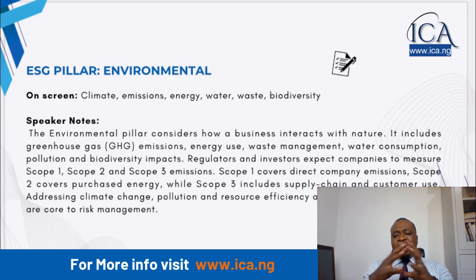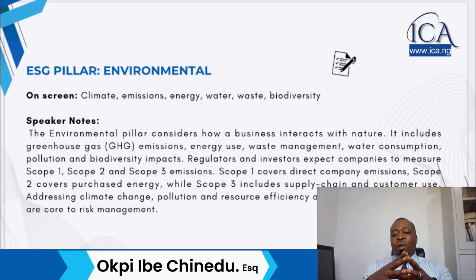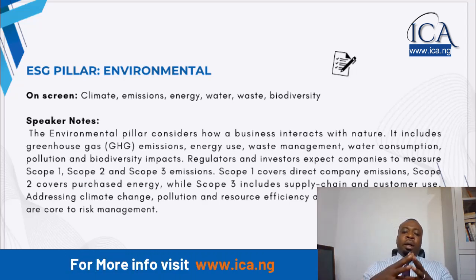So all these will have to be taken into consideration. It depends on the kind of emissions your company is engaged in. Some companies can also be involved in all 3, from production to the final consumption of their product.